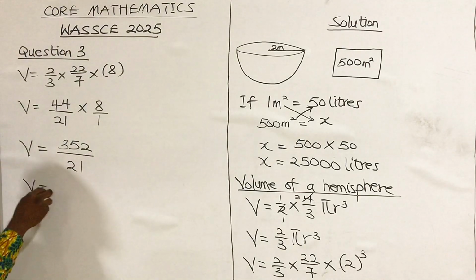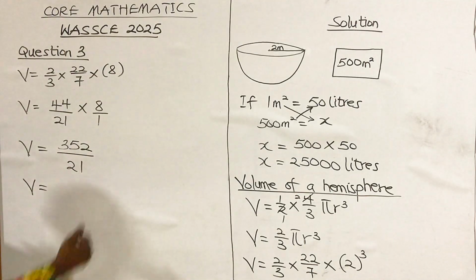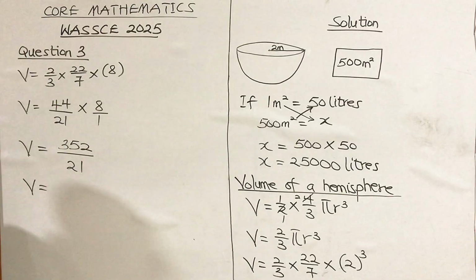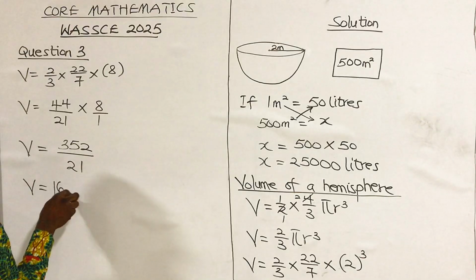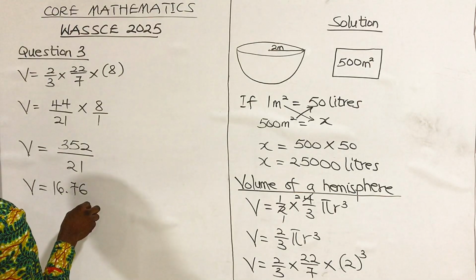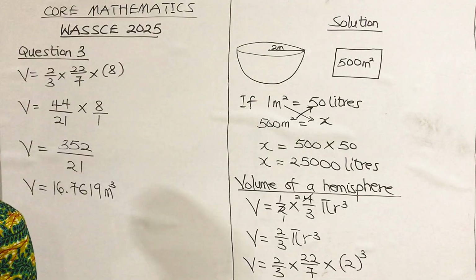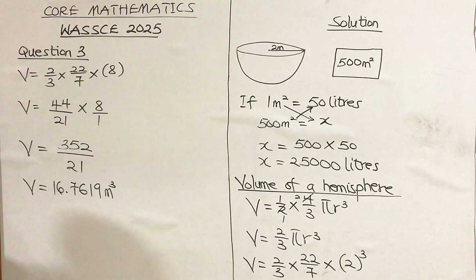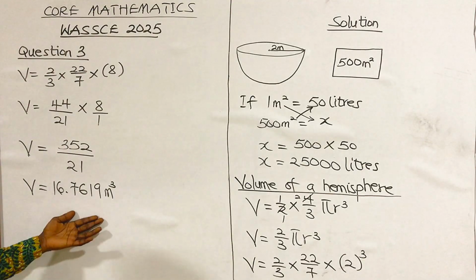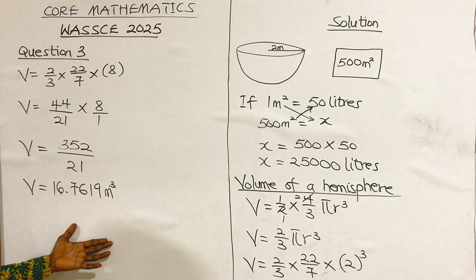So we have the volume to be 352 divided by 21. Decimal, what did you get? Type it in the comment section as we proceed. So we have 16.7619 meter cube. And this is the volume of the water in the hemisphere.